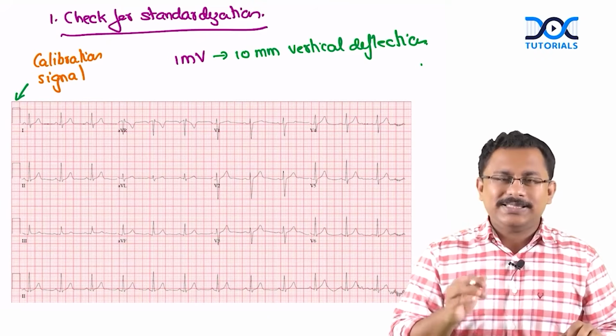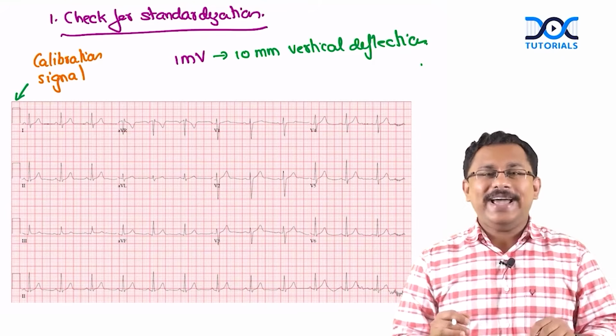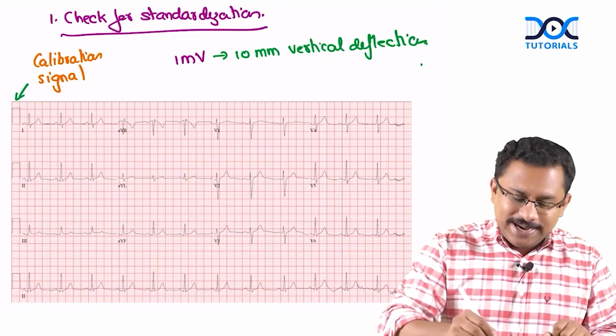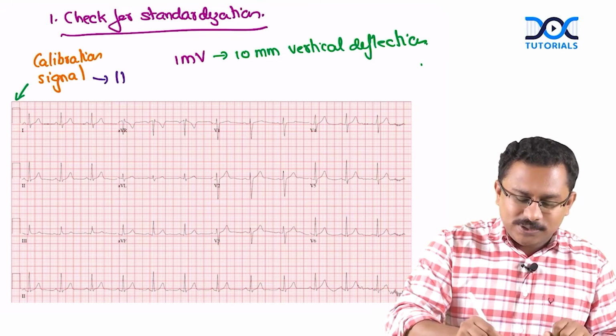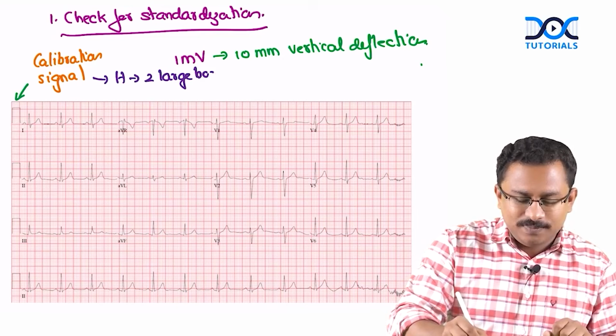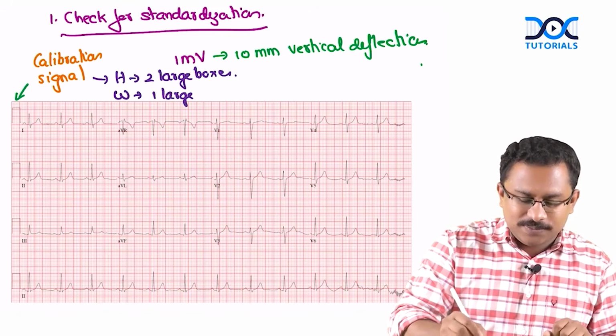You look at the calibration signal. Normally the calibration signal should have a height of 2 large boxes, and the width of 1 large box.